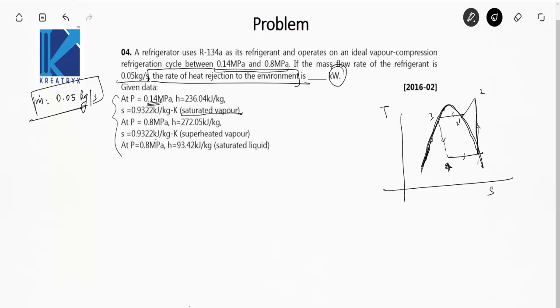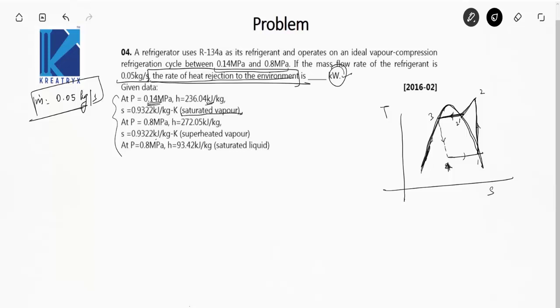So first of all, what is the equation of this rate of heat rejection? Heat is rejected in condenser, so that implies the enthalpy change from 2 to 3 multiplied by its mass flow rate will give me the rate of heat rejection in kilowatt if I put the enthalpy change in kilojoule per kilogram.